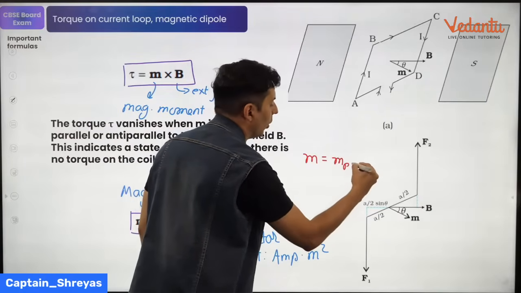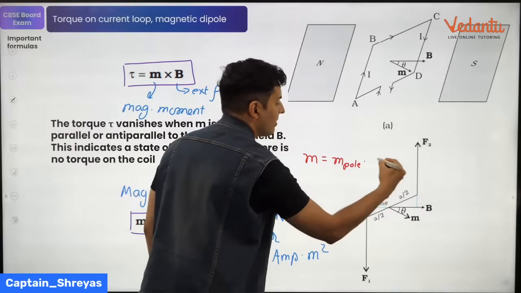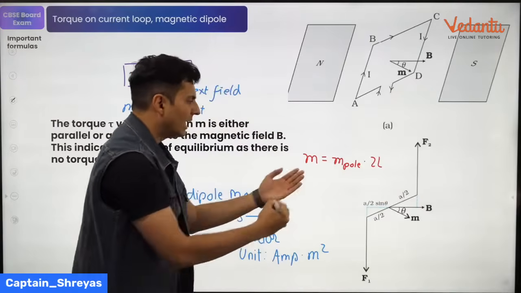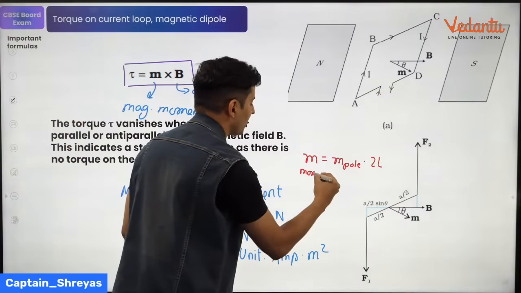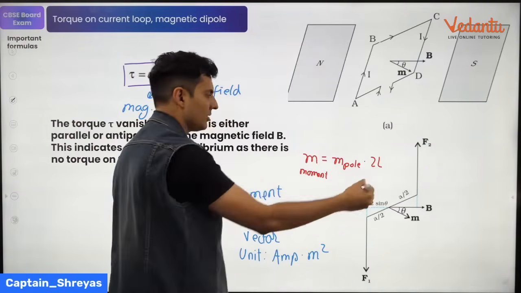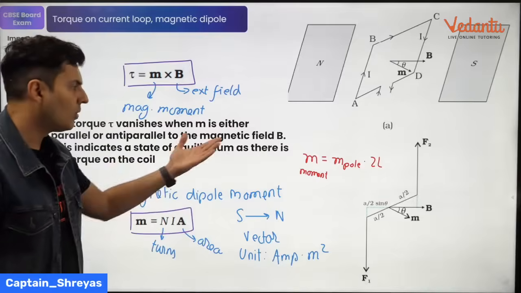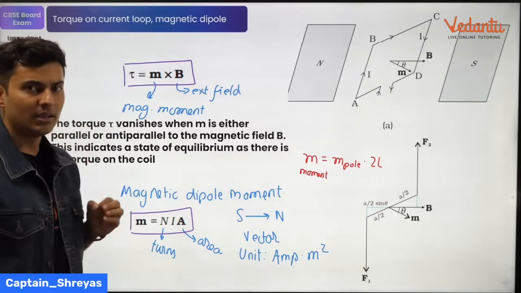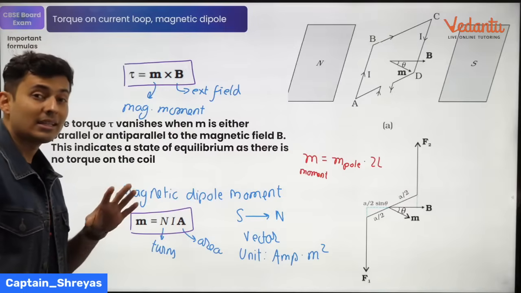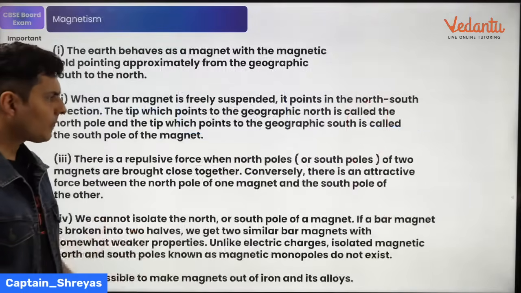You can write m pole over here into the separation, which is like 2m. That way there is a clear-cut distinction that this is dipole moment, and small m is for the pole strength. That is also okay. But make sure you mention what each symbol is in the answer sheet, or else the examiner will get confused.